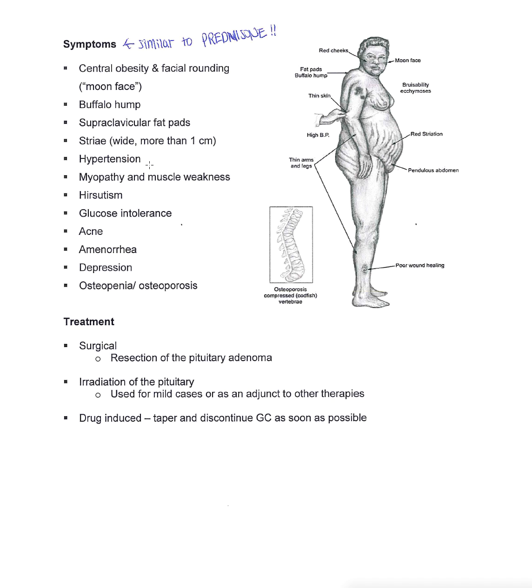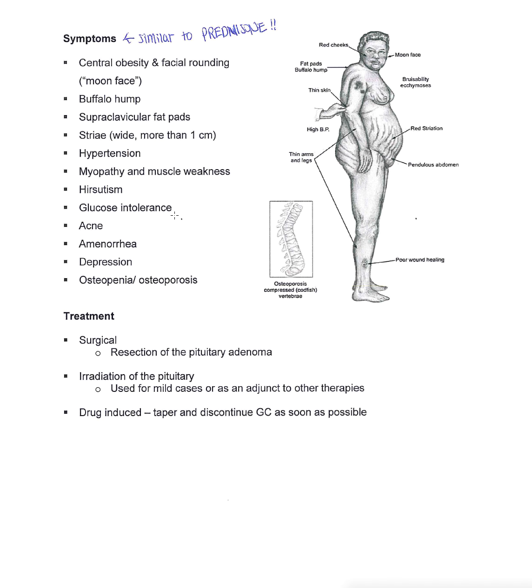Hypertension from too much mineralocorticoid, myopathy and muscle weakness, hirsutism because of that interruption with sex hormones, glucose intolerance, again from messing up carbohydrate metabolism and increased gluconeogenesis, acne, amenorrhea, all having something to do with sex hormones, depression, and osteopenia.